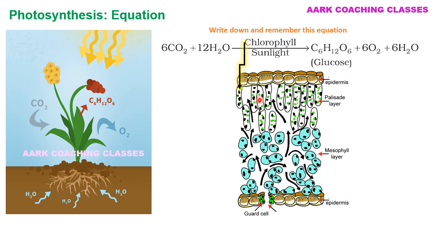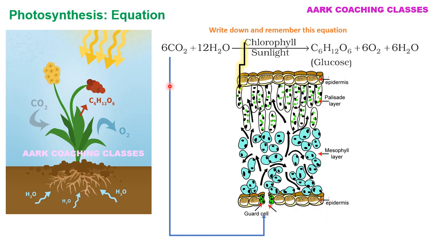Then from where does this CO2 enter into the plants, or how do plants take in CO2? They take in carbon dioxide from the lower epidermis, where there are some pores, and these pores or holes are guarded by guard cells.